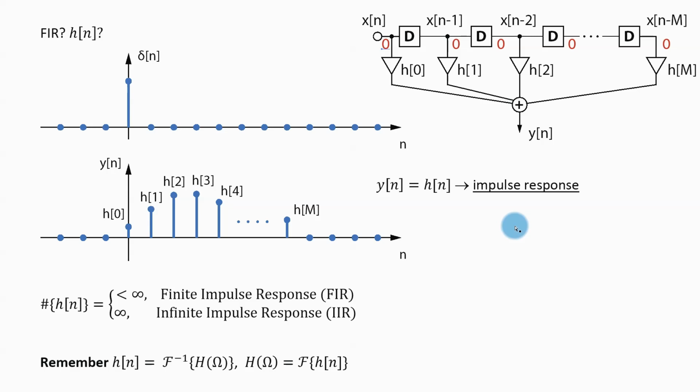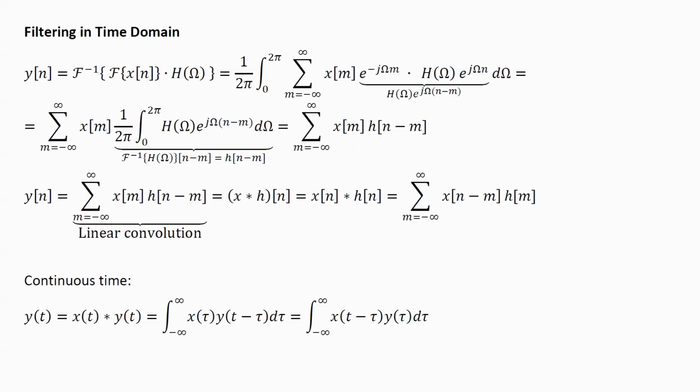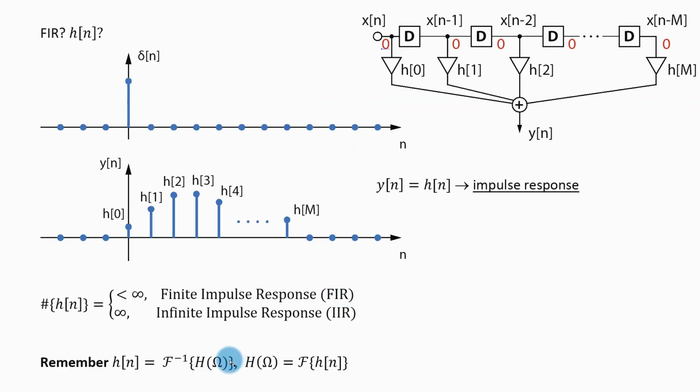And remember, what is that relationship? Well, we had that when we derived the filtering in the time domain. We had that on this slide. Here we denoted that the inverse Fourier transform of the frequency response is our impulse response. So the relationship between the frequency response and the impulse response is the Fourier transform.